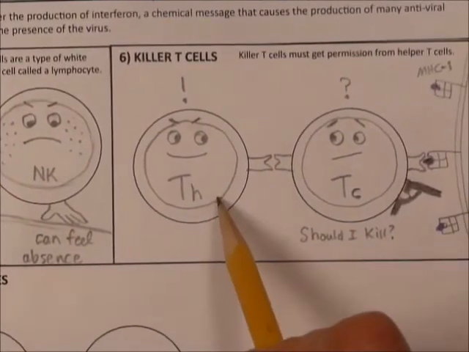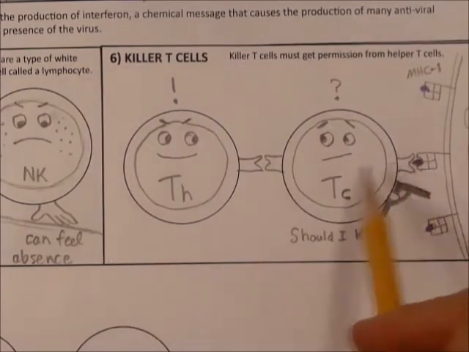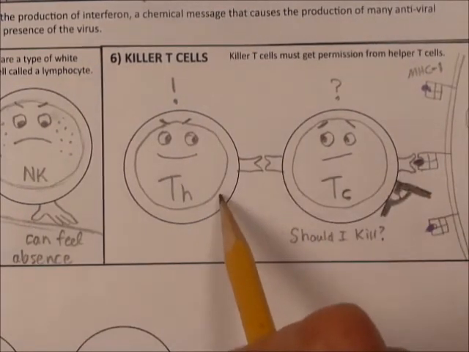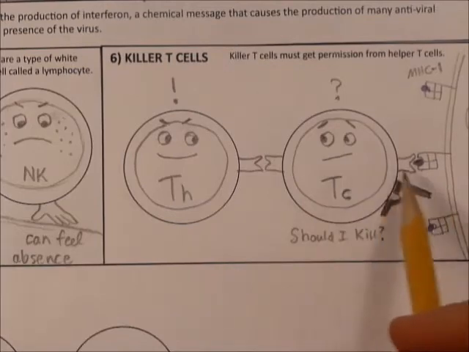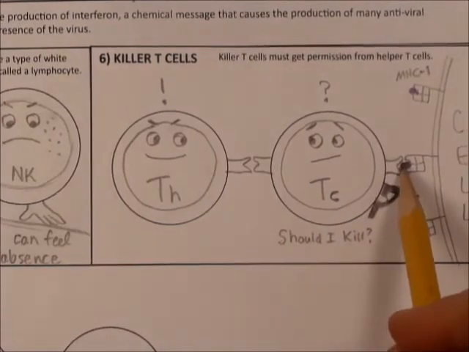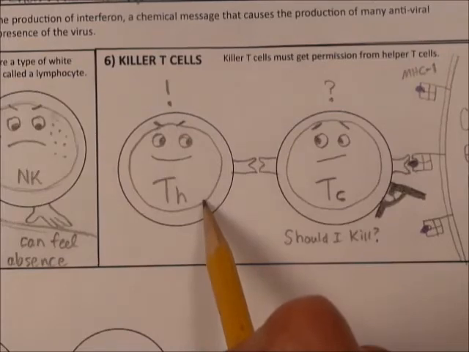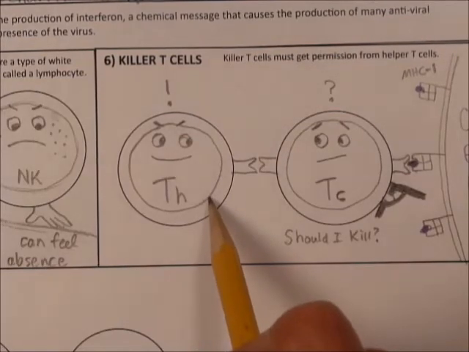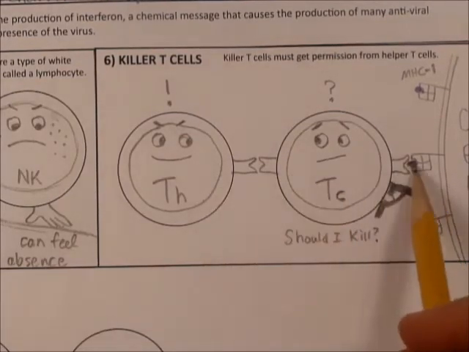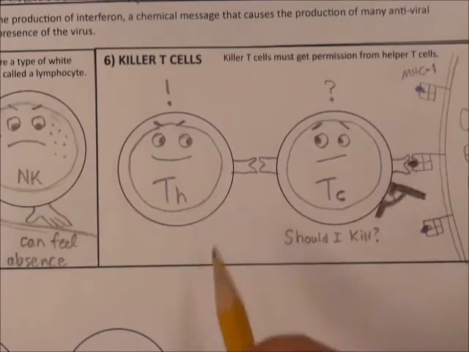And he says, oh yeah, I saw that bad thing you're holding. I saw that on a macrophage. And I know there's an intruder lurking, and I think you found it. The macrophage told me to be on the lookout, and if I found someone with this match, go ahead and tell them to kill.